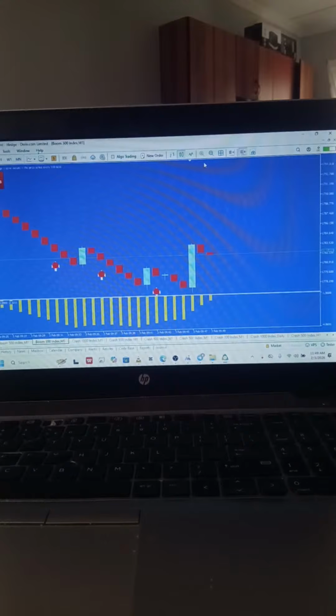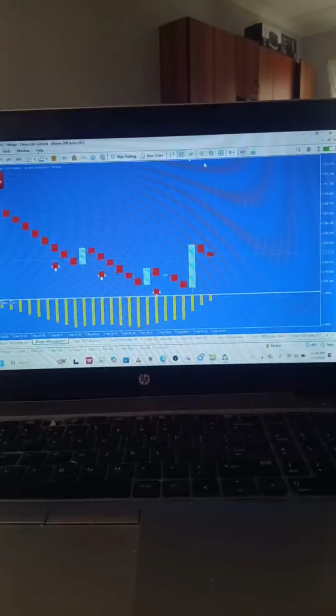This one, boom 300 is tricky, guys. It's very tricky. If it doesn't spike again in the next 2 minutes, I'm exiting because it had covered our entry. It must spike, but it's refusing to spike.